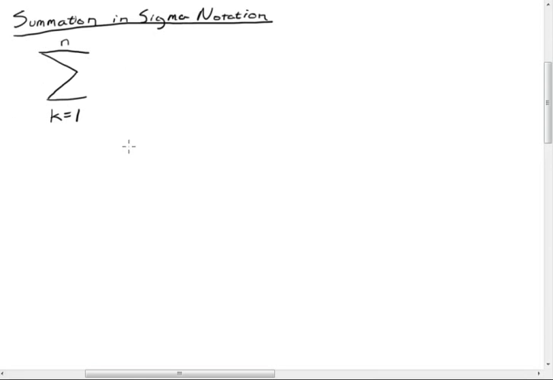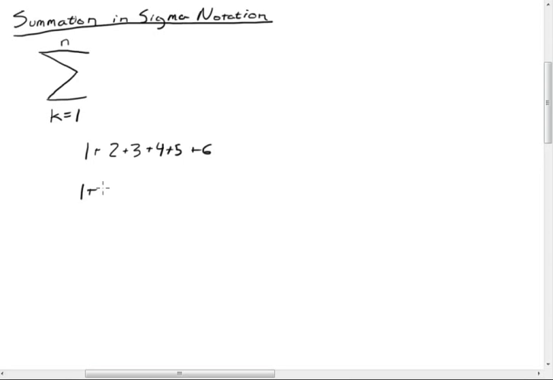So an example of how this would be used is, let's say you wanted to add up the numbers 1 through 6. You would write 1 plus 2 plus 3 plus 4 plus 5 plus 6, and then you could sum them all up like that. But what if you wanted to add up all the numbers from 1 to 100?